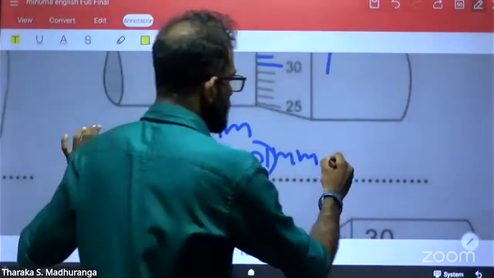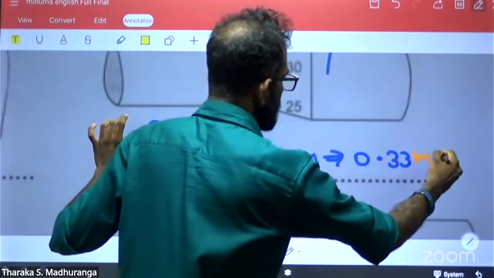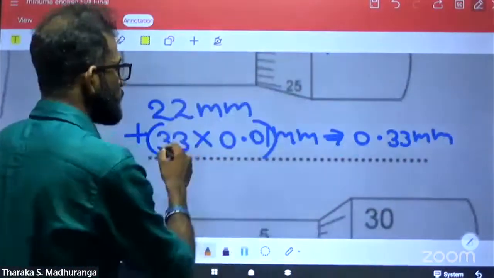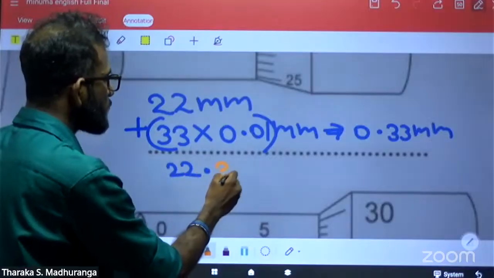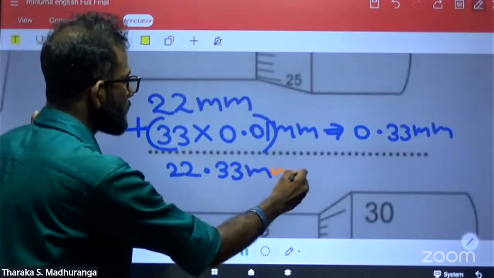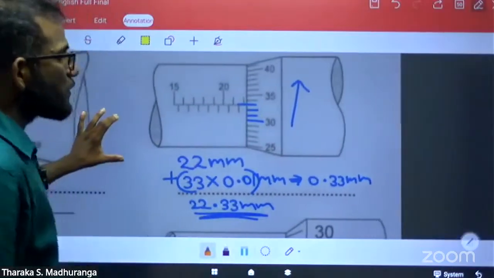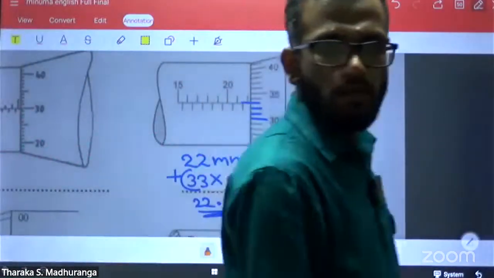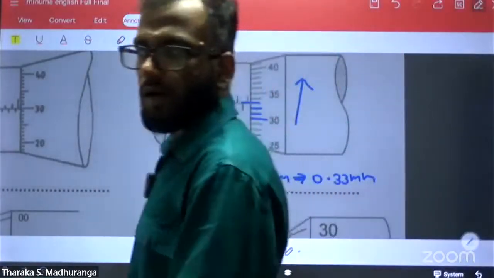This answer is 0.33 millimeter. Then you get 22 plus 0.33, 22.33 millimeter. Simple, no? Understood?